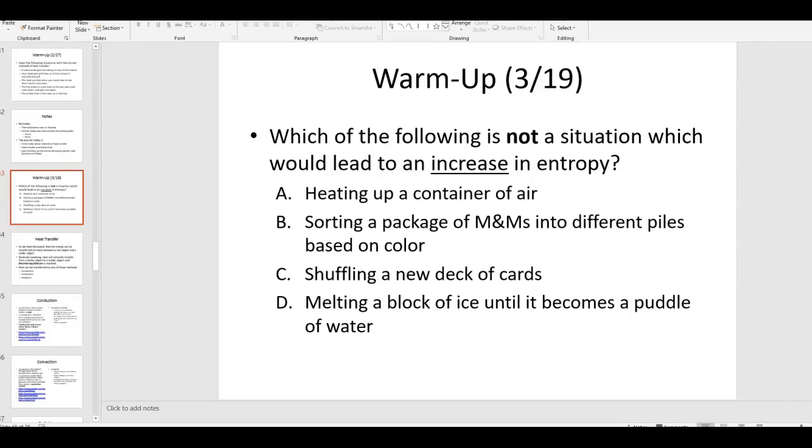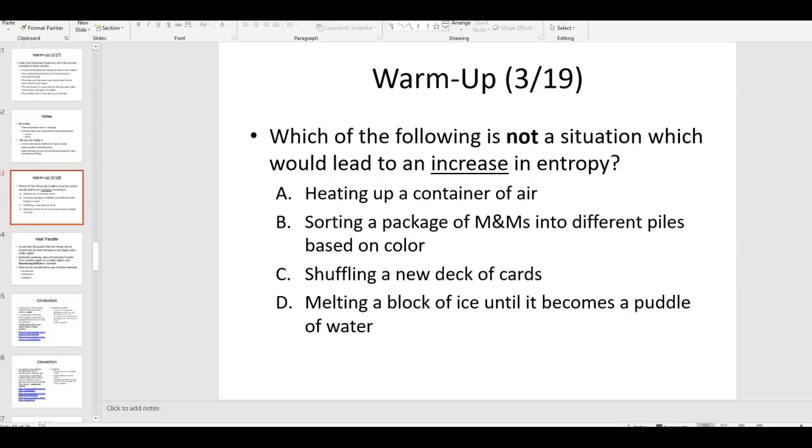Okay, so just to remind you, entropy is very roughly a measure of the amount of disorder or disorganization in a system. Okay, and so let's go through one at a time. If you heat up a container of air, remember that temperature is a measure of the average kinetic energy of the atoms or molecules making up an object. And so if you heat up a container of air, think about what's going to happen to those air molecules.